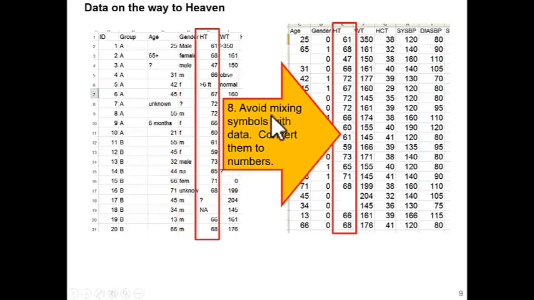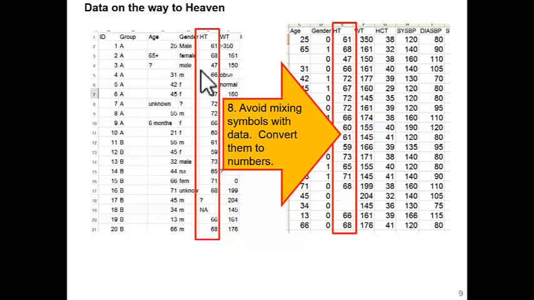Number 8, avoid mixing symbols with data. If you have a height greater than 6 feet, don't mix the symbol greater than, the 6, and FT. Statistical software is sensitive to the type of variables.